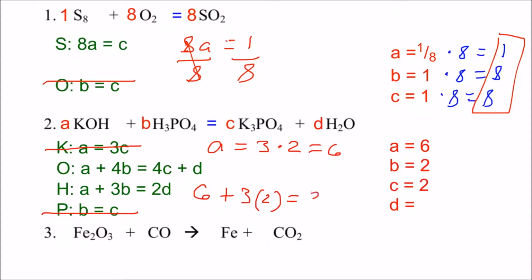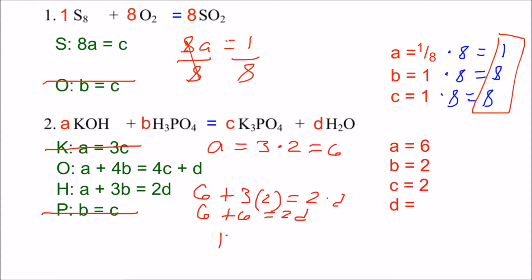And all of that equals 2 times D. Okay, well, 3 times 2 is 6. So we're going to have 6 plus 6 equals 2D. 6 plus 6 is 12. So we're going to have 12 equals 2D. And then we'll divide both sides by 2. Therefore, D must be equal to 6.